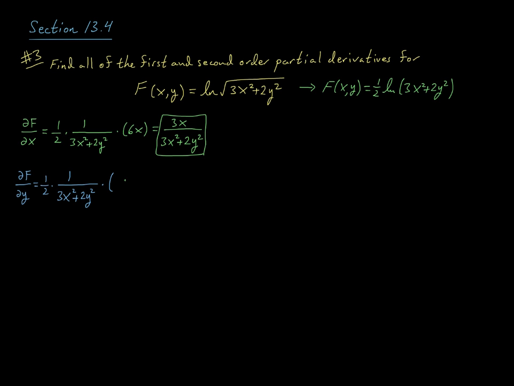So that's just going to give us a 4y here. Okay, and again, the 4 and the 2 will simplify, so we get a 2y over 3x squared plus 2y squared. All right, great. So not too bad there for the first order derivatives.